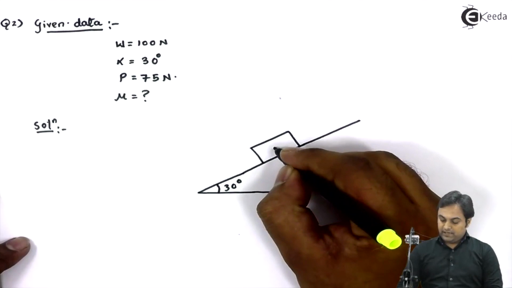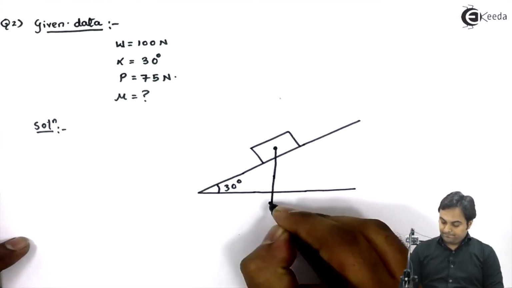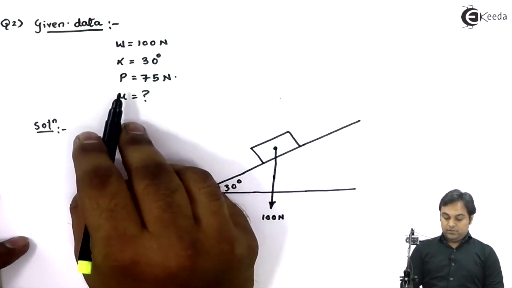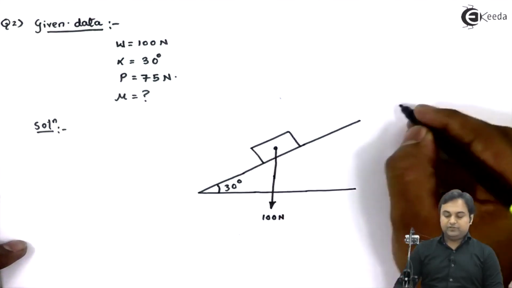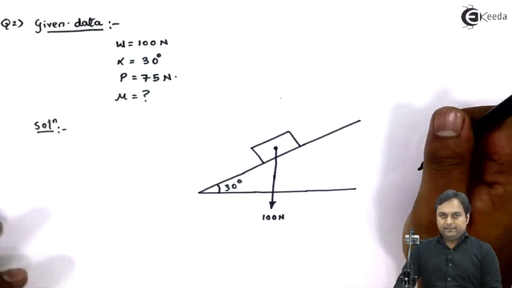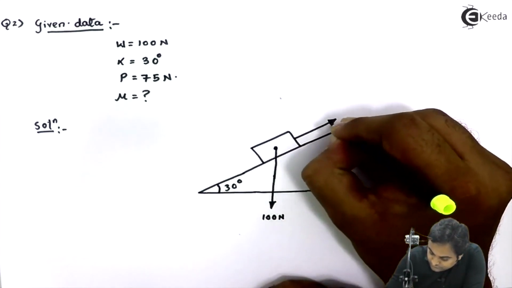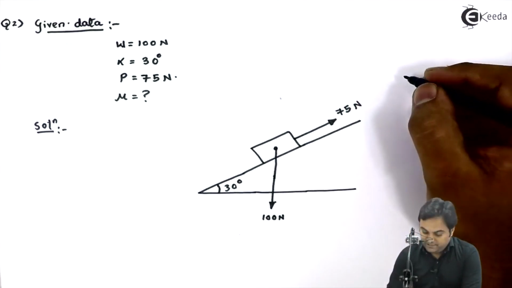That block has a weight of 100 Newton acting downward. Here we have applied load 75 Newton which would try to move the block up the plane as given in the problem. So here I have 75 Newton as my applied load.